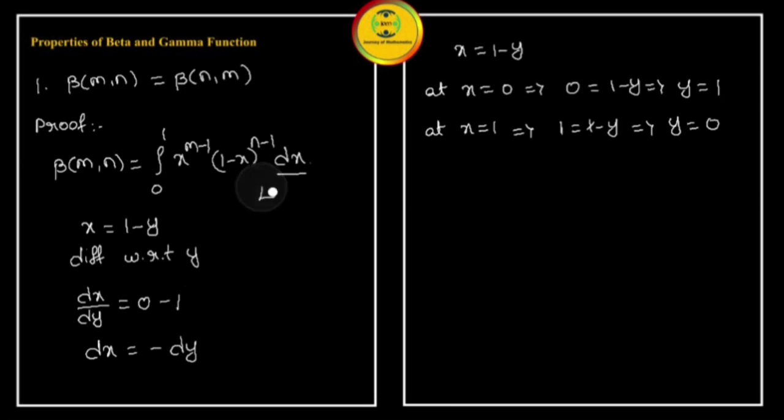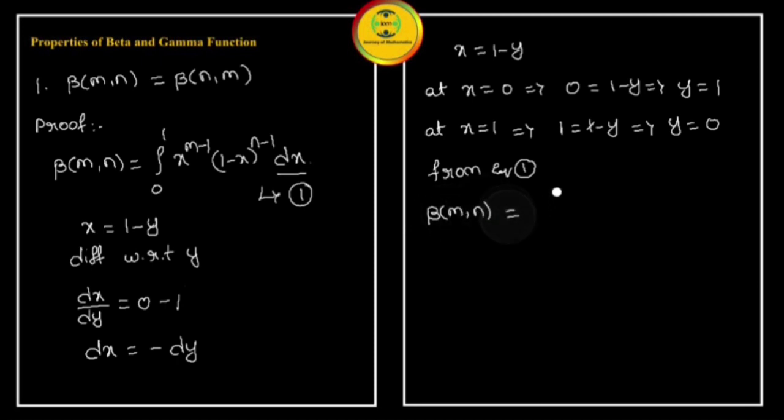Now if I take the beta definition as equation 1, from equation 1 I can write the beta function as beta of m comma n is equal to integral, since I have to change the limit, as x ranges from 0 to 1, y ranges from 1 to 0.